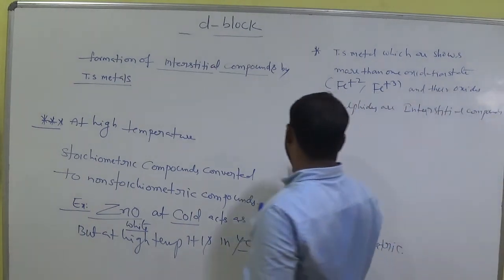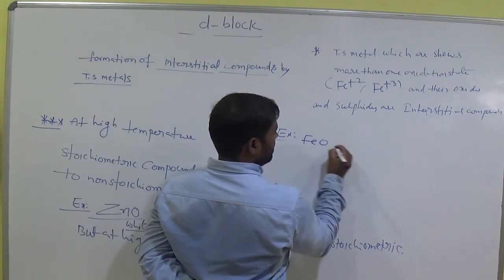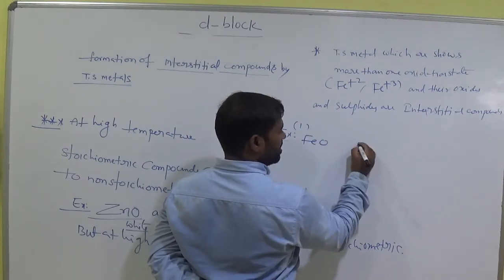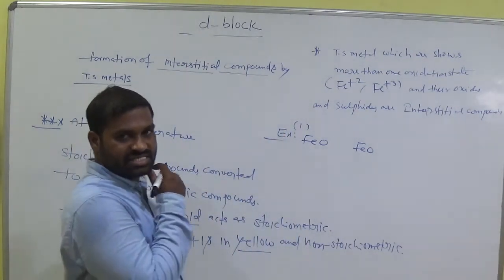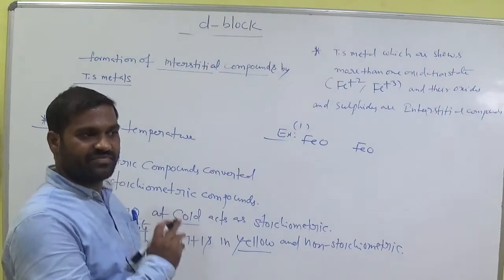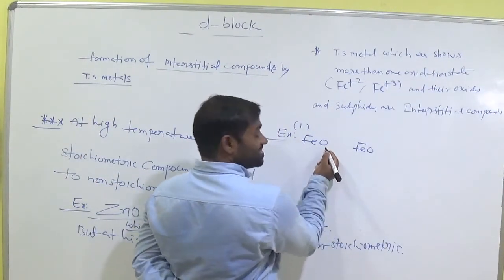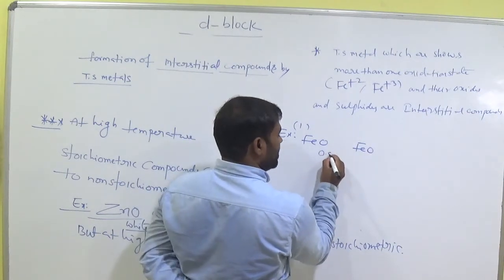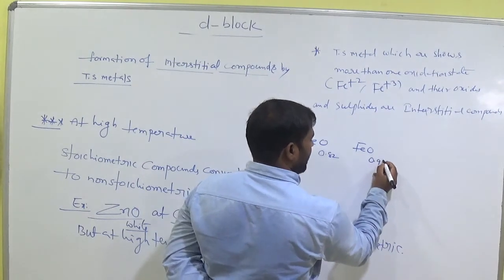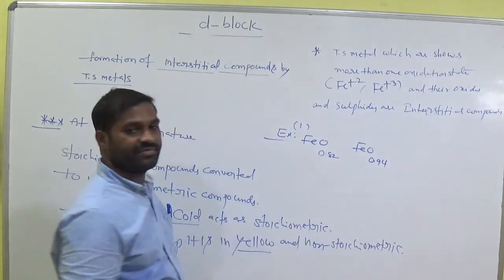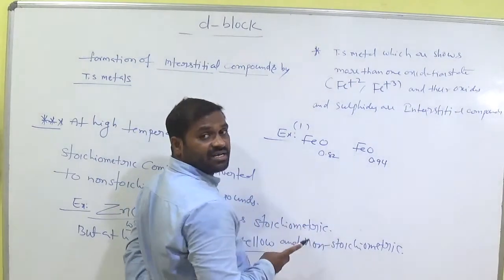For example, iron oxide, where iron shows +2 oxidation state. It can show multiple oxidations, that means Fe+2, Fe+3 also, where the percentage of oxygen here is 0.82. Here the percentage of oxygen is 0.94. So these are the interstitial compounds.